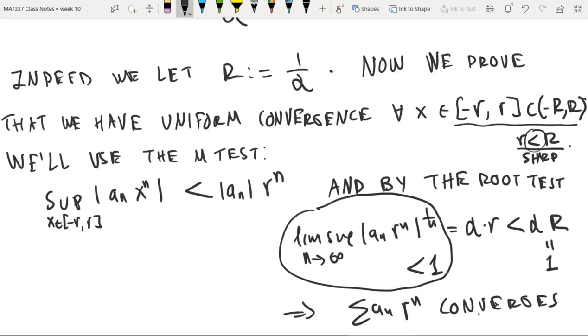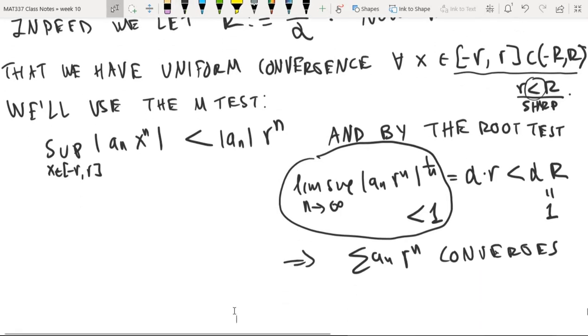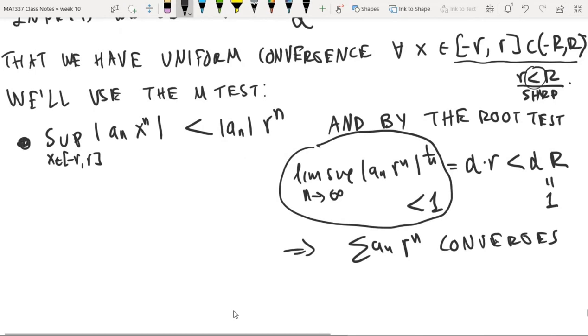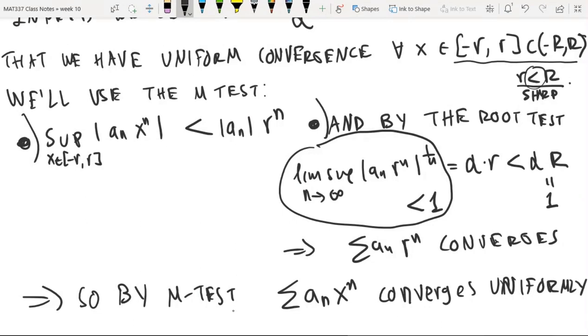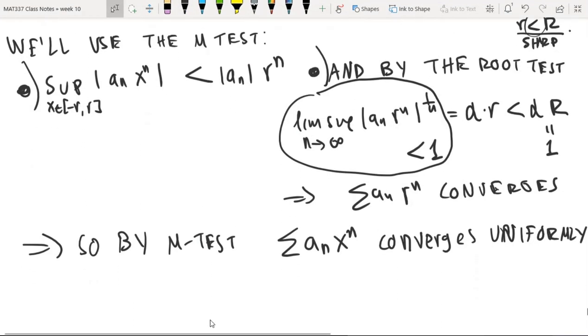Okay. So these were the two conditions for the M-test. So by the M-test, the summation of an xn converges uniformly for all x in minus r, r.